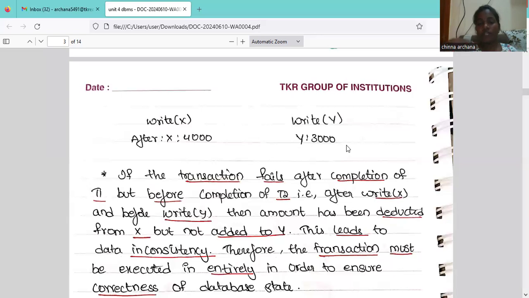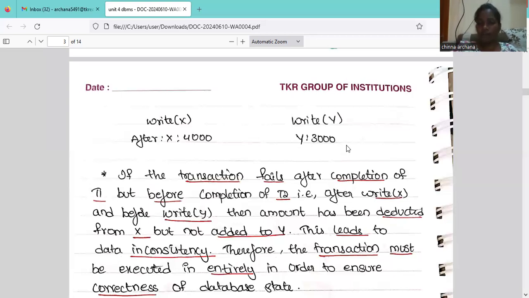Crediting the 1,000 rupees to the Y account. So the task T1 is debiting 1,000 rupees from the X account, and task T2 is crediting 1,000 rupees to the Y account. If the transaction fails after the completion of T1, that means 1,000 rupees has been deducted from the X account, but before the completion of T2, that is, after the write of X and before the write of Y.